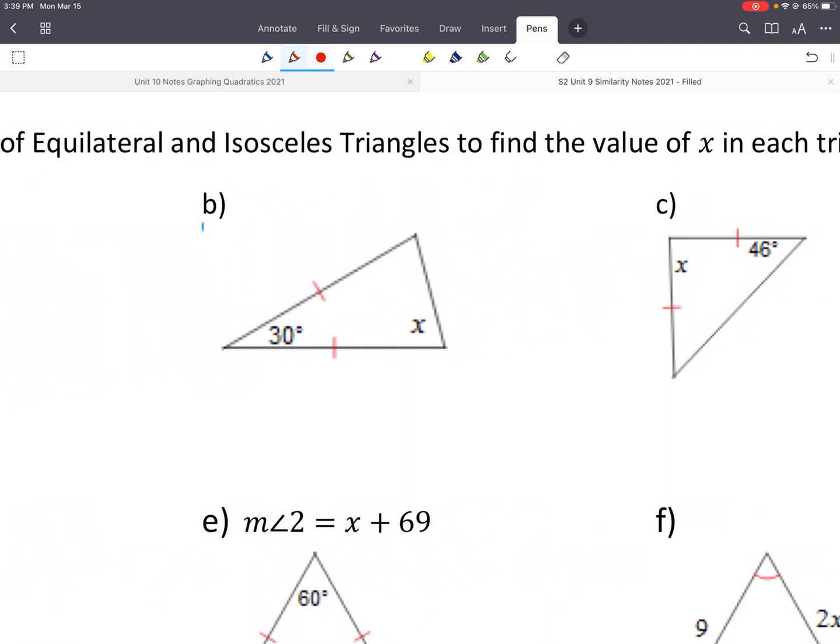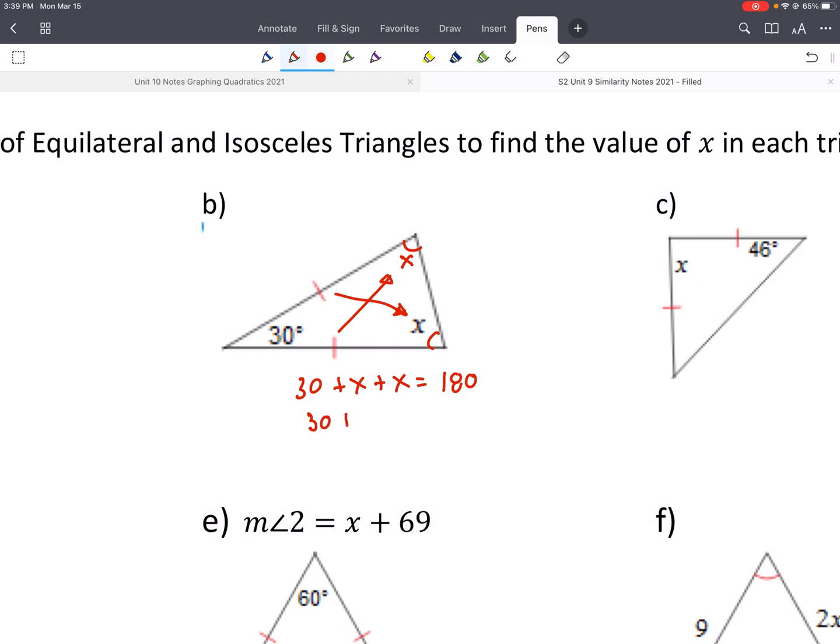This is an isosceles triangle, which means the angles opposite of those sides have also both have to be the same. So that means that this angle has also got to be x. So we know the angles add up to 180, so we can do 30 plus x plus x has got to give us 180 degrees.